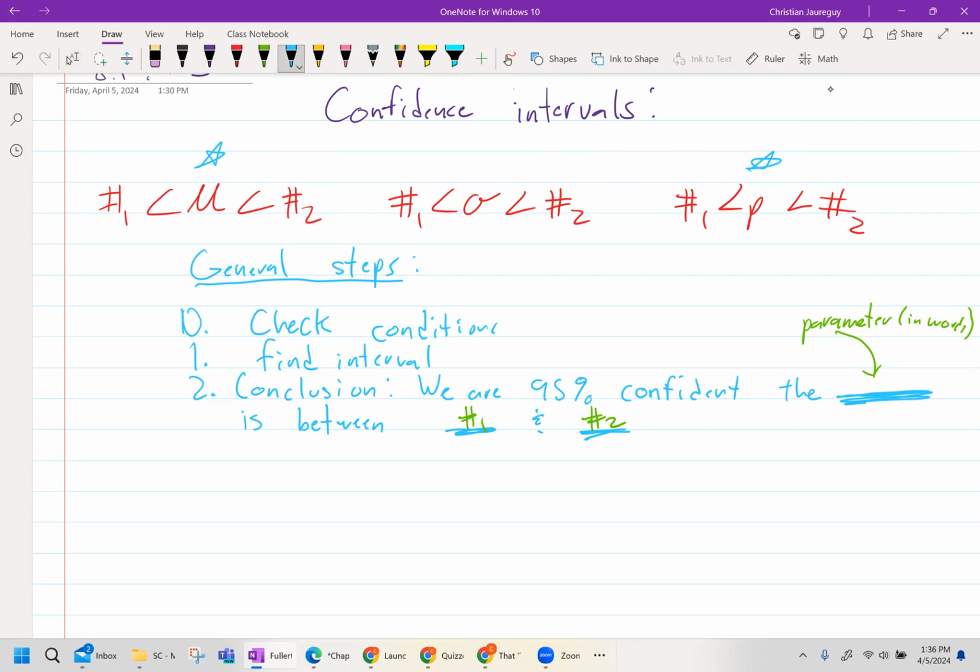So our initial guess is called, so this is a definition here. The initial guess for an interval, put that in quotes, is the point estimate.